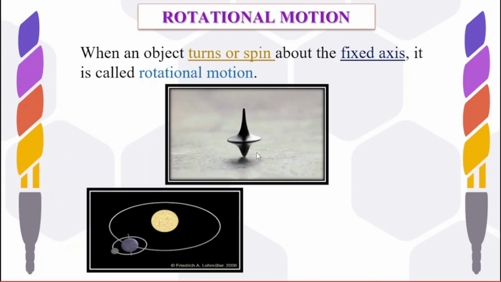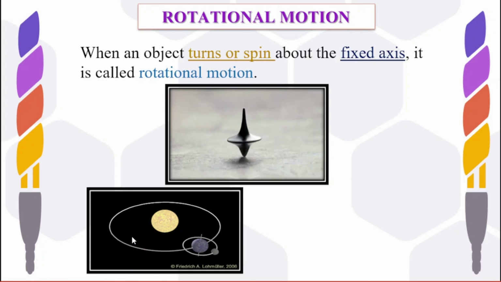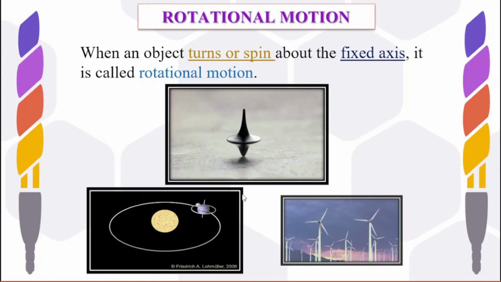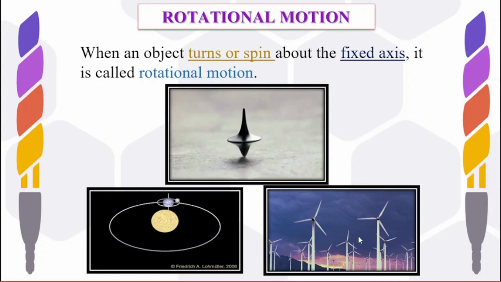And some other examples: the earth is moving around the sun, and at the same time the earth also rotates itself at an angle of 23.5 degrees. These are the examples that explain rotational motion. And a windmill is fixed at the top end of the side and it moves. All these examples explain rotational motion.